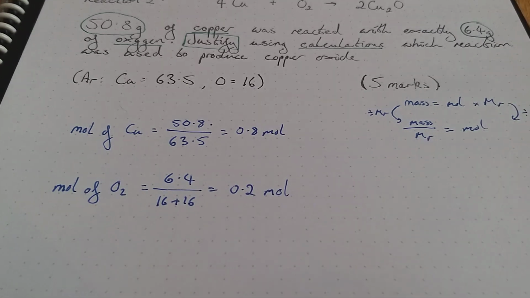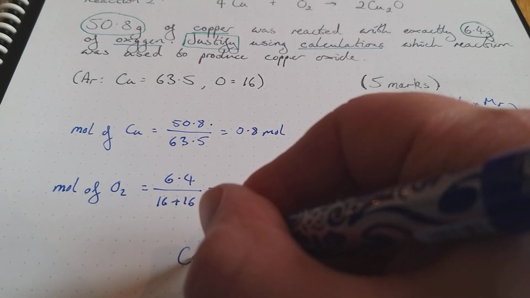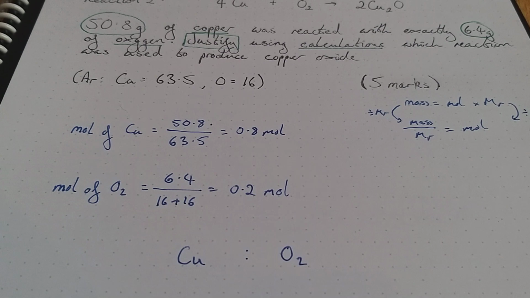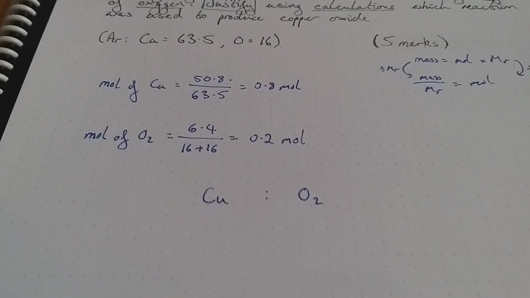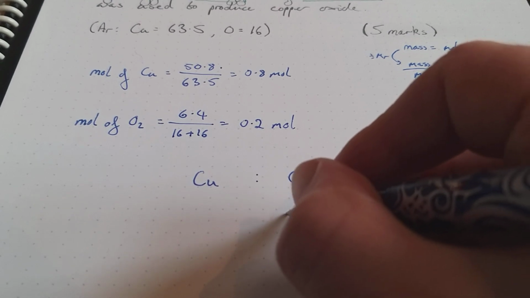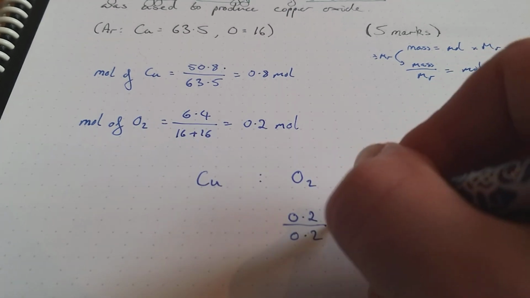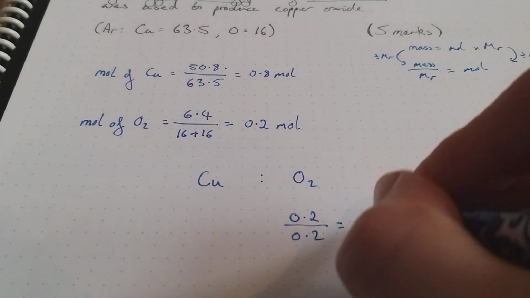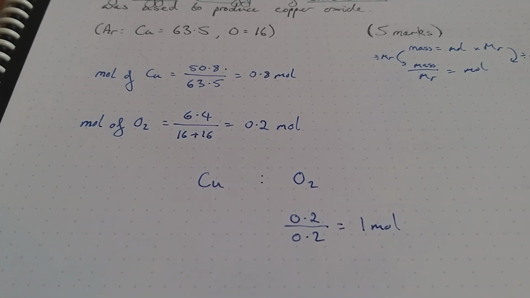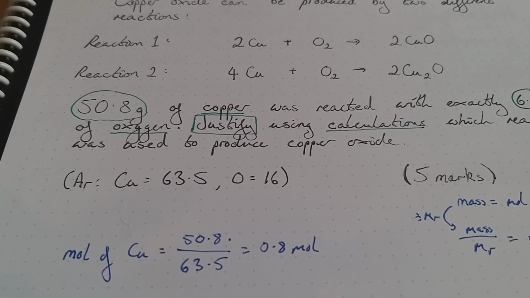So we want the ratio of copper to oxygen. Let's move down slightly. So we do the smaller number divided by itself, 0.2 divided by 0.2, and that will give us 1 mole. And you can see we've got 1 mole in both of our equations up at the top.